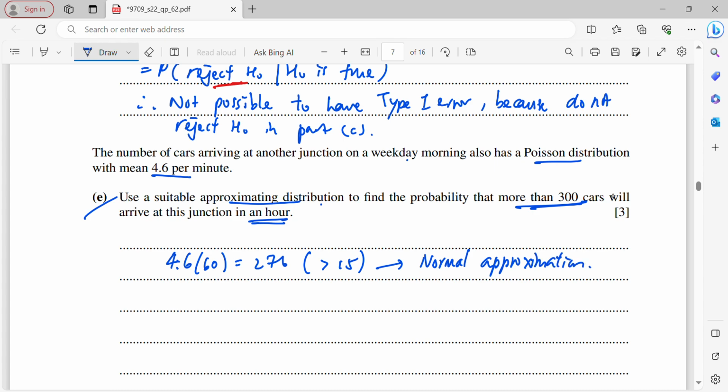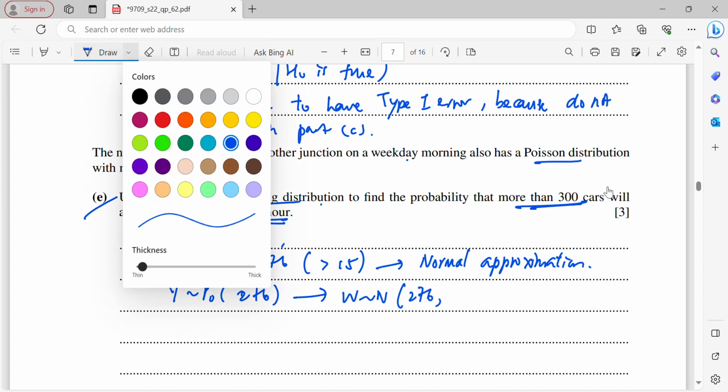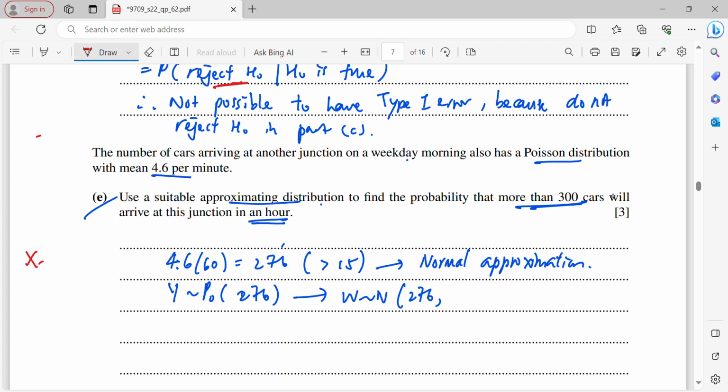Okay, so now let's say my Y is Poisson distributed with mean 276, then it will be approximated by a normal variable W, which is N with mean 276. Now for your information, for Poisson distribution, X is Poisson lambda, the mean is lambda, variance also lambda.